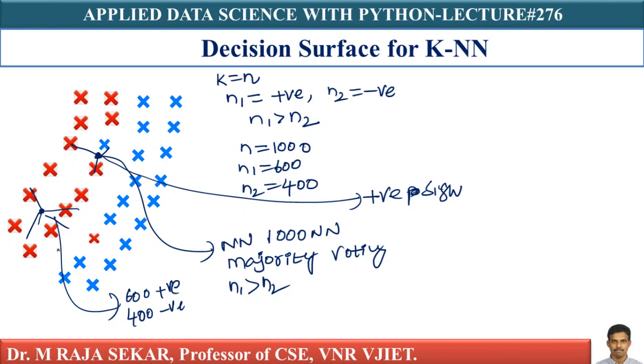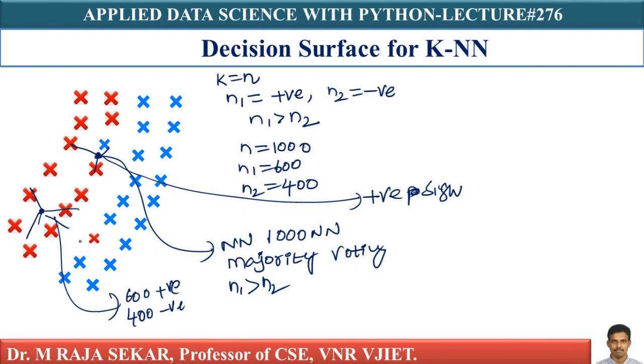Since there are more positive points, this query point is also positive. So wherever the point is, take any query point in this data set and identify the 1,000 neighbors. That particular query point will get a positive sign. Why?